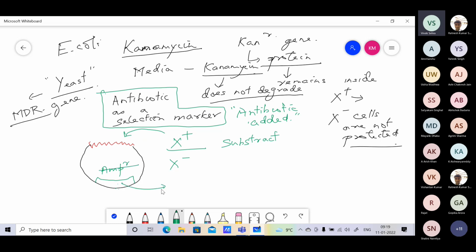So suppose I say that I will now introduce one of the genes for, say, leucine synthesis. Now leucine synthesis is a multi-step pathway, and let us say one critical step of leucine synthesis is done by a gene. Let us say there are various genes, so we call it LEU1, LEU2, LEU3, LEU4, and so on. So let us say LEU2 is being introduced, and in the chromosome of the cell, we ensure that LEU2 is absent.